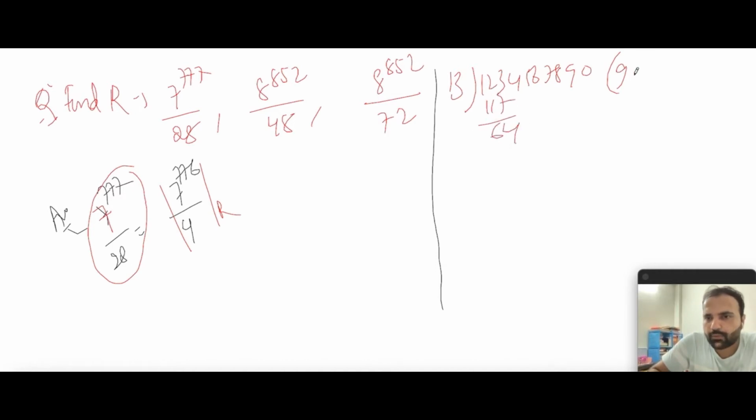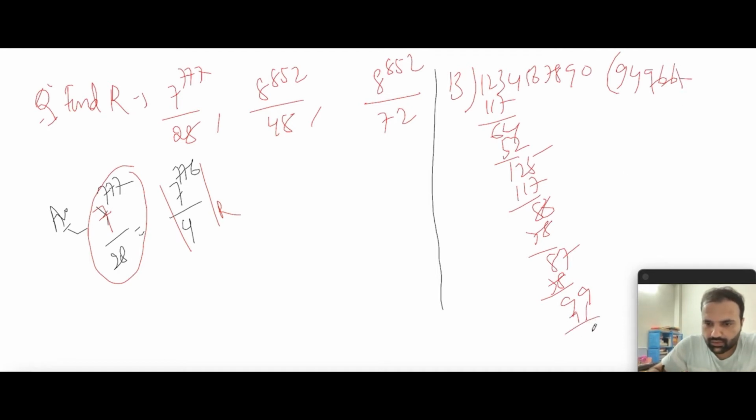We keep dividing step by step, and at the end we have 2 as the remainder. Let's say 2 is the remainder.